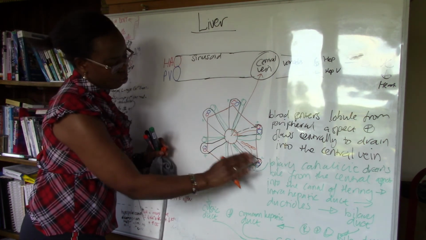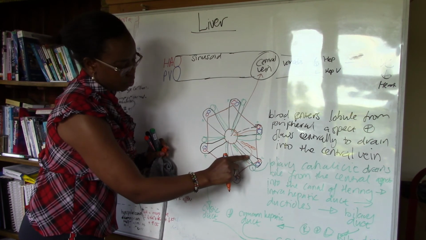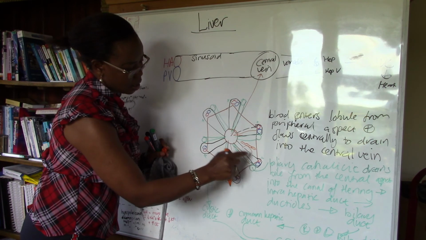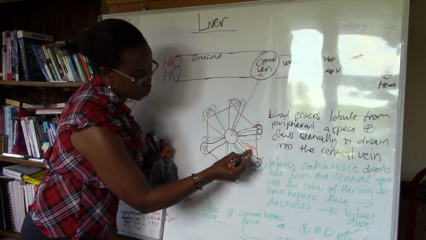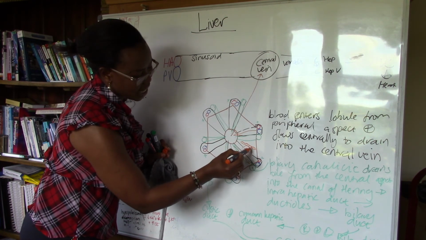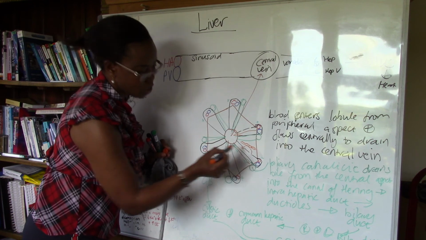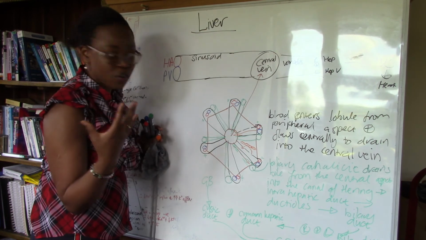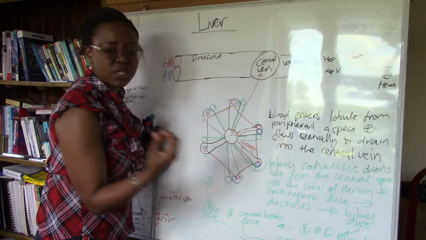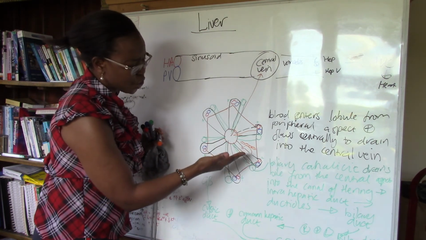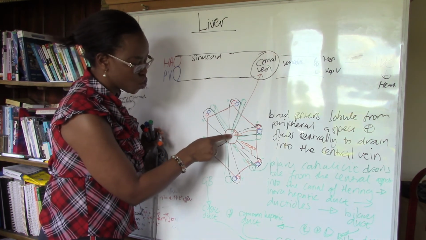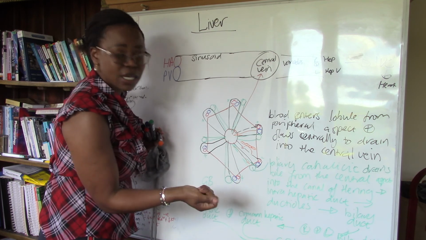As blood is moving centrally, the plasma filters out of the sinusoid and then communicates with the hepatocytes. When I say communicates with the hepatocyte, I mean perhaps it can be picking up the bilirubin, which is required. Perhaps it can be picking up hormones or things like IgA, which actually go into the GI system.